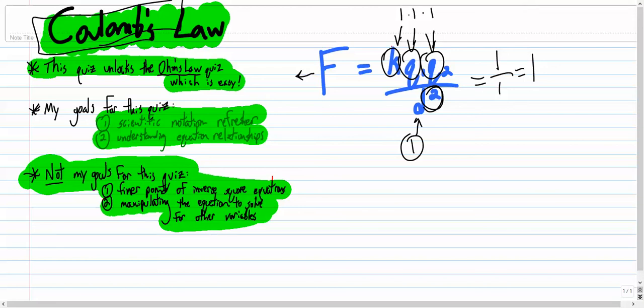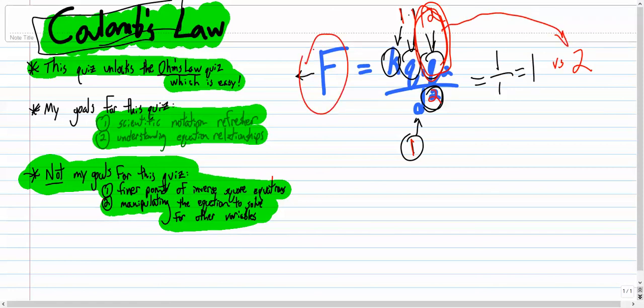But what if I change one of these charged objects? What if I double it? What if I put a 2 here? Then we have 1 times 1 times 2 over 1 squared, which is 2. So basically, if we double one of the charged objects, then we double the force.